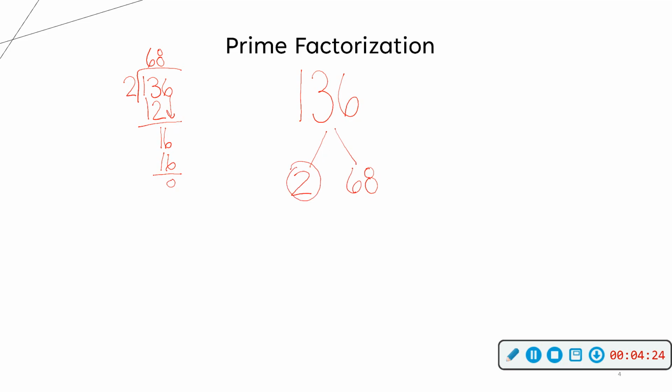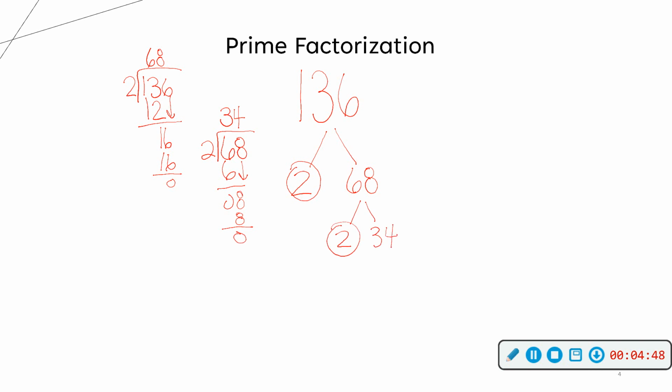I'm going to practice those same steps by doing the same thing with 68. 68 divided by 2. That goes in there 3 times. That's 6. Bring down my 8. That's 4 times. So in this case, we know that 2 times 34 will give me 68.